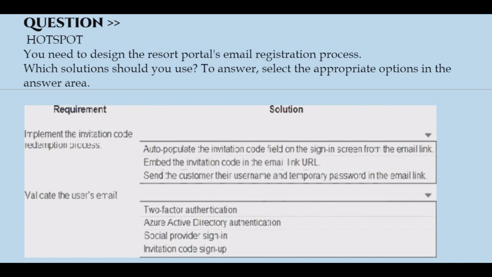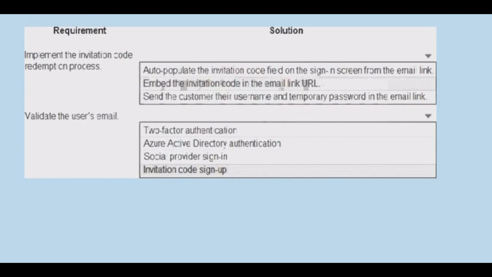Next is validate the user's email. Options are two-factor authentication, Azure Active Directory authentication, social provider sign-in, invitation code sign-up. Now, the answer. Implement the invitation code redemption process: the answer is embed the invitation code in the email link URL. Validate the user's email: the answer is invitation code sign-up.